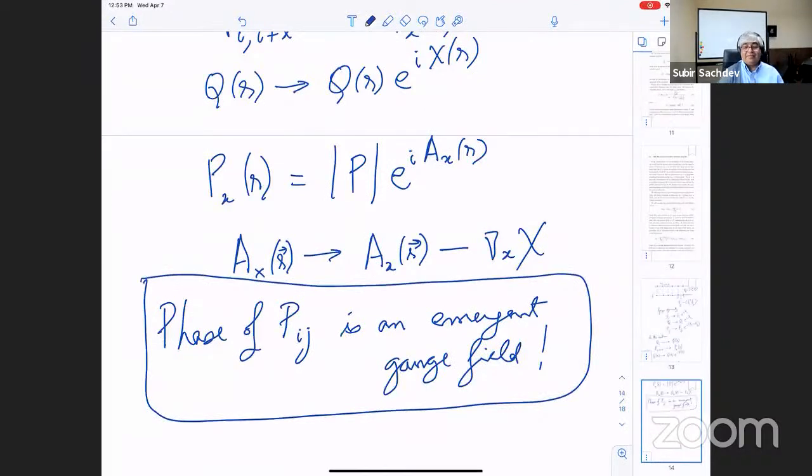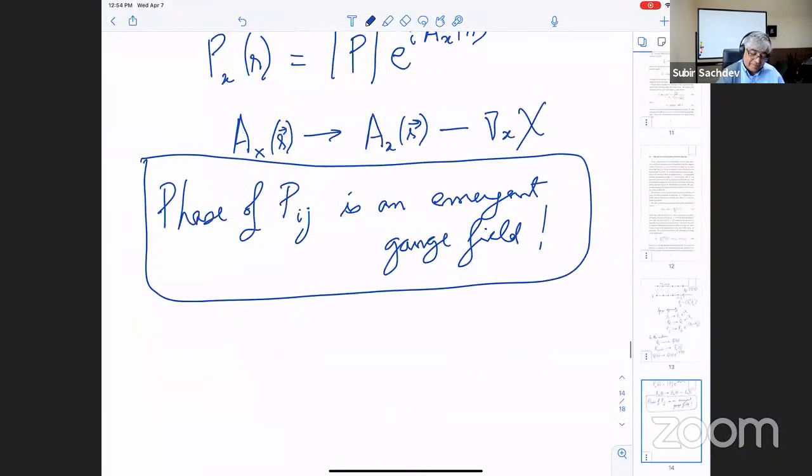Okay, so the moment you have this Pij variable, even for the Kondo lattice heavy Fermi liquid phase, you do have this in principle, and I'll discuss in a minute why it's not so important there. So the phase of Pij is an emergent gauge field. And what does this mean? Well, let me say, now I'm going to just use the gauge symmetry to write down some low energy theory, in the spirit of Landau-Ginzburg theory, for the fluctuations, corrections to the mean field theory.